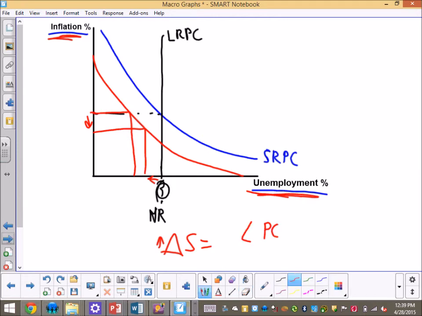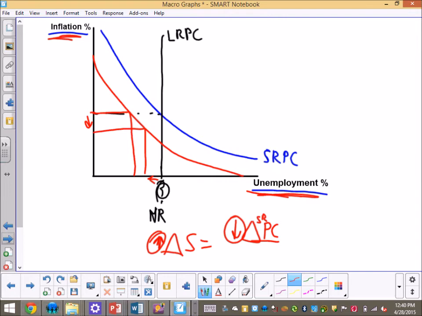Supply shocks change the whole short run Phillips curve. By the way, the change is what? If it's a positive supply shock, it'll move the Phillips curve in what way? It'll move it to the left, so it would kind of decrease it. A negative supply shock causes the opposite change on the Phillips curve. Does that make sense?